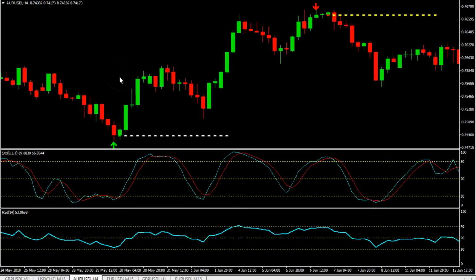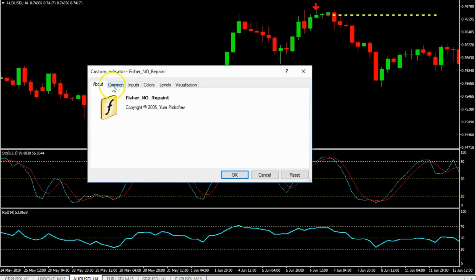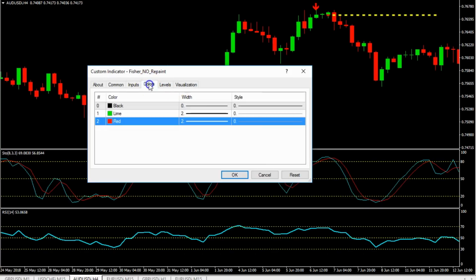The next indicator we need is Fisher no repaint. So I'm going to bring that Fisher no repaint, this one. Allow DLL imports, inputs, leave it as 10, leave the colors as they are.